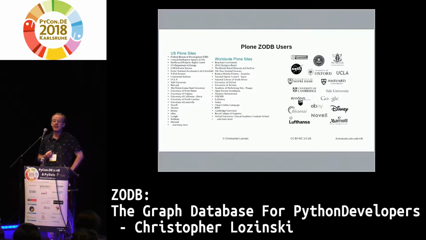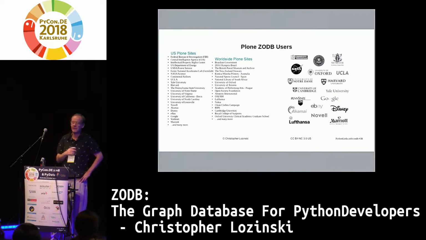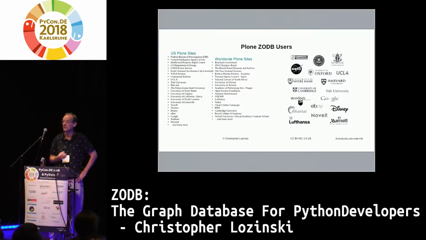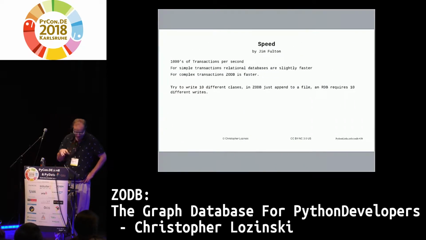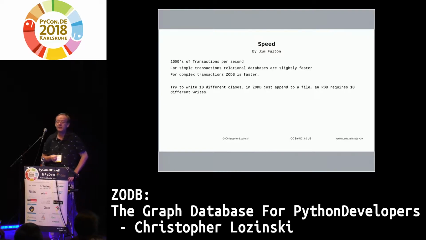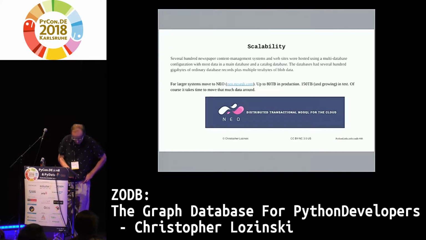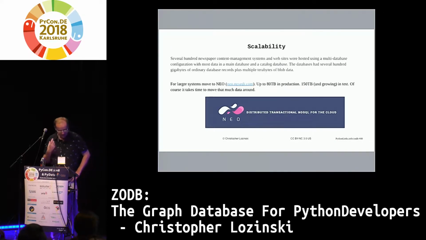Who's using it? A lot of people in the Pyramid community, not quite clear who is and who isn't. All of the Plone users. Just in the government of Brazil, there are 100 different websites, the president's office, and parliament, lots of things like that. Speed: you get thousands of transactions a second. Reliability, scalability: they went up to hundreds of gigabytes of main memory and terabytes of blob storage.